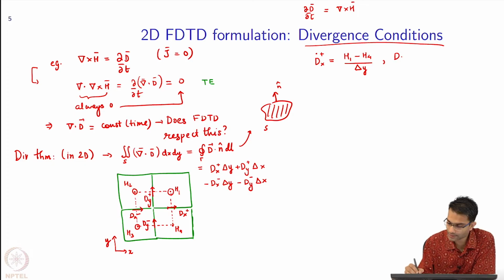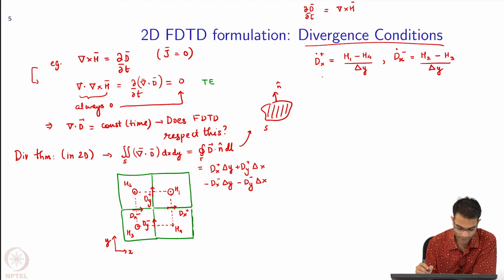Okay, next is Dx minus dot. Top minus bottom, same thing over here, H2 minus H3 divided by delta y. Okay, we have done the Dx's, then we come to the Dy plus.